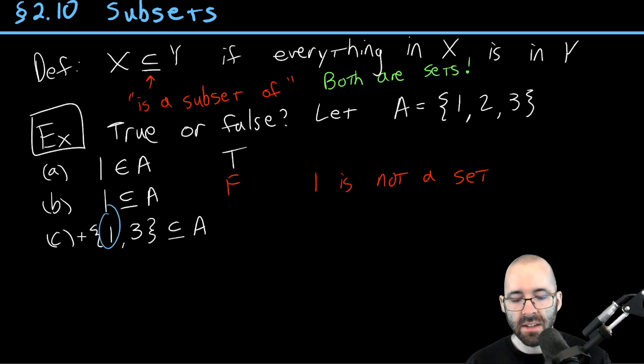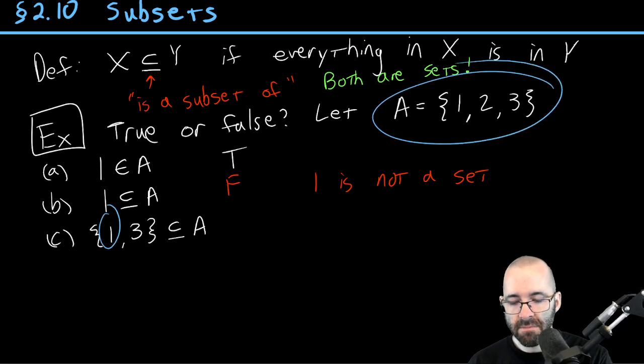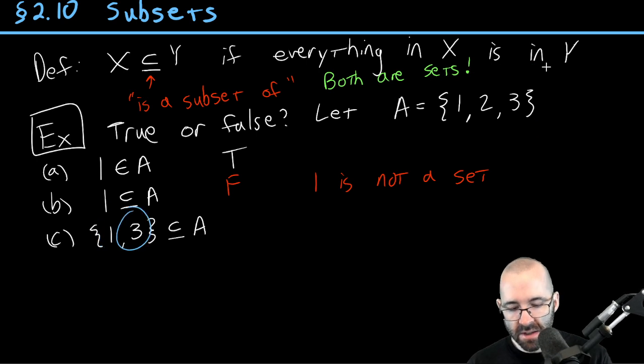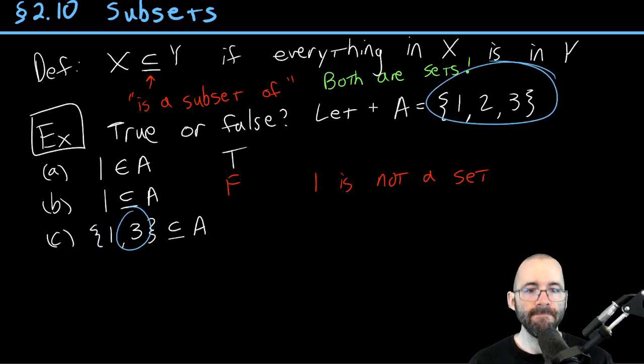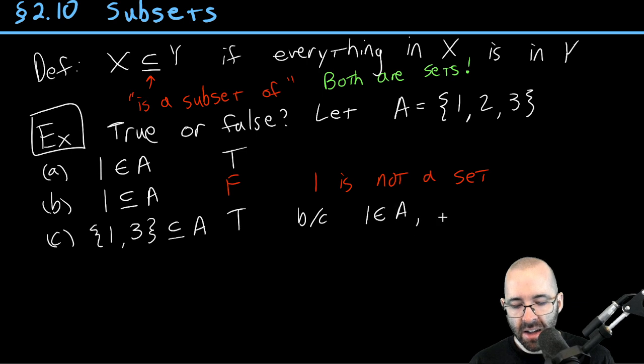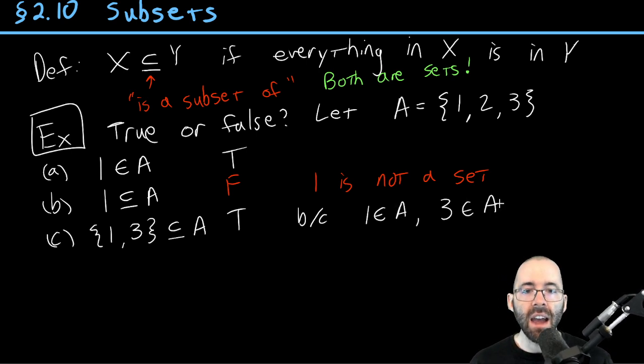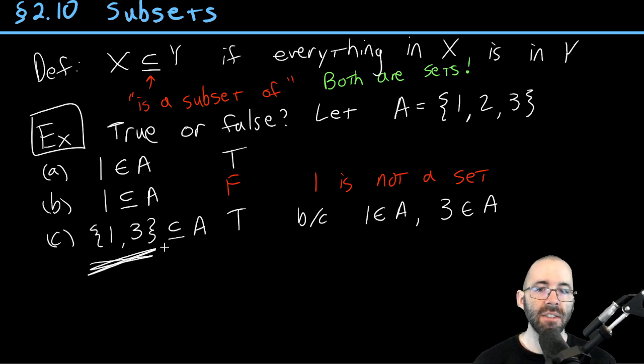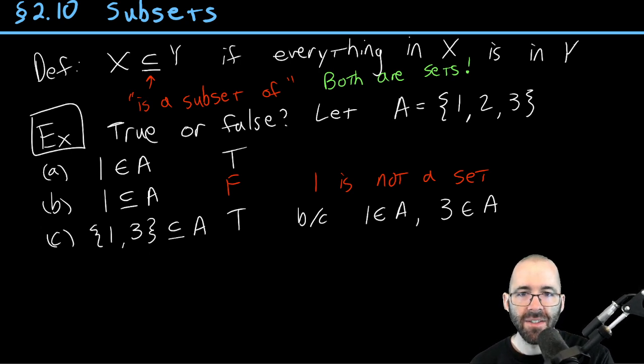Well, let's check. Is 1 in this set? Yep. Is 3 in this set? Yep. So we're going to say, yes, this is true, right? And it's true because 1 is an element of A, and 3 is also an element in A. Every element in this first set needs to be an element in the second set for us to have a subset.